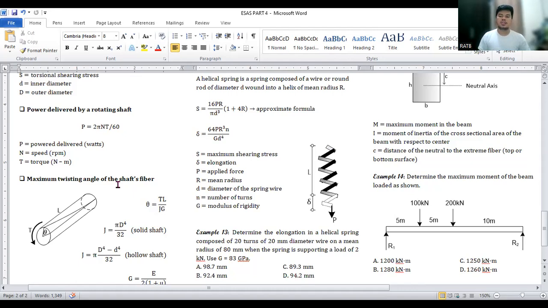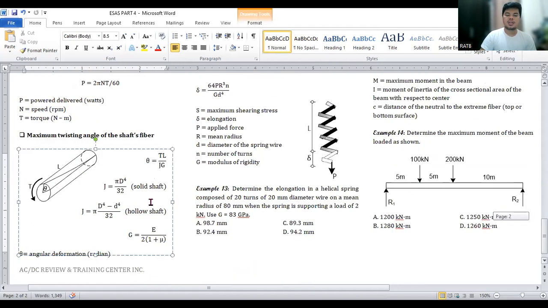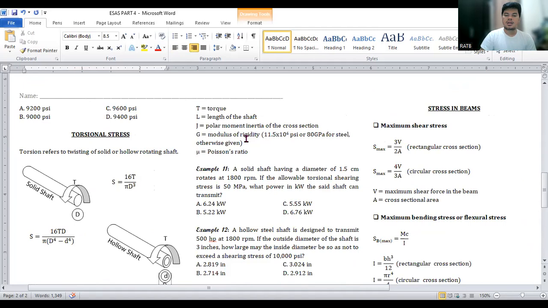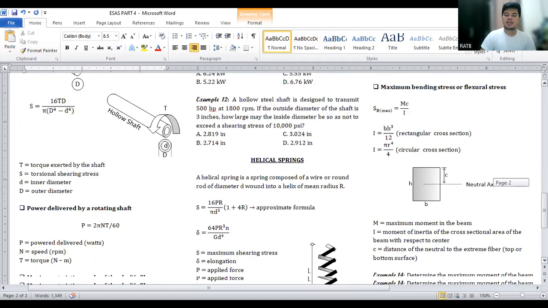We call this angle theta, just like in the figure represented. So we can calculate for theta: that's the applied torque multiplied by the length divided by J multiplied by the modulus of rigidity. J, by the way, is the polar moment of inertia.